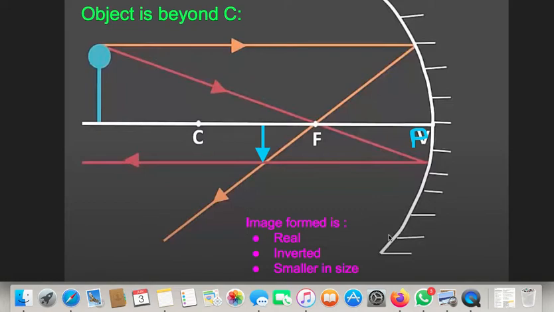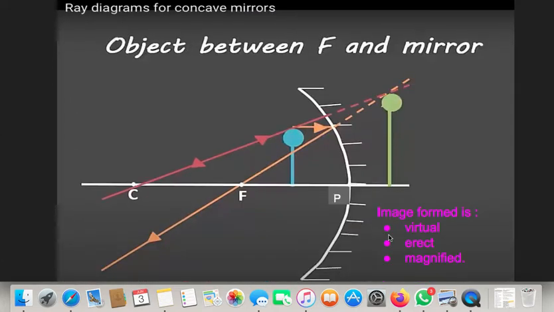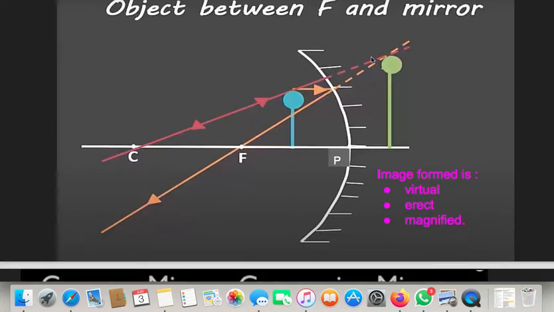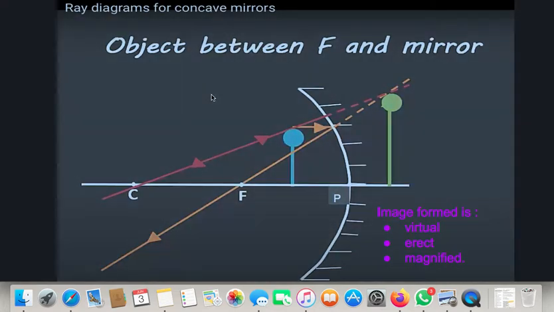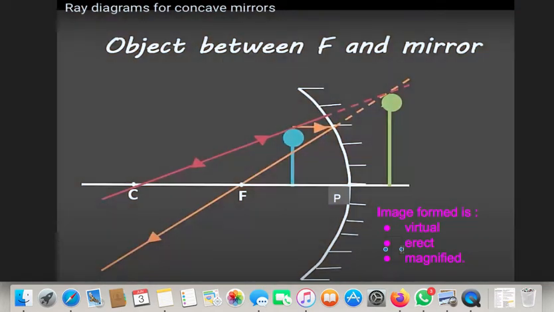Let's talk about the next. When the object is, this is a very, very important ray diagram, my dear students, very, very important. So you need not think at all, ma'am, whether it is to be understood or done. Mind it very clearly, students. It is an important diagram and you all must do it. It's an important ray diagram and you have to properly understand as well as do.